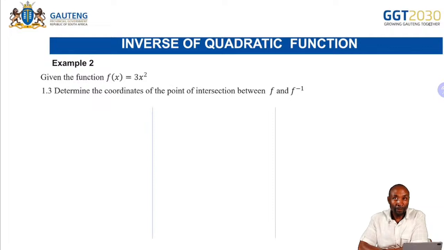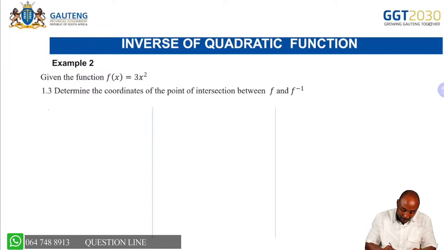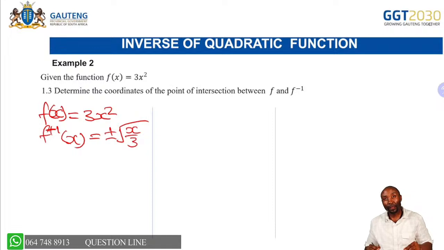Now, remember on the previous one, I showed you two methods. I had a reason to give you the two methods because if you look now, we found our f of x as 3x squared, and we found our f inverse of x as plus minus the square root of x over 3.